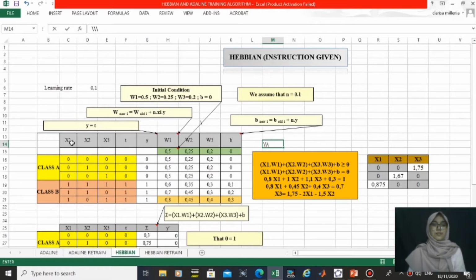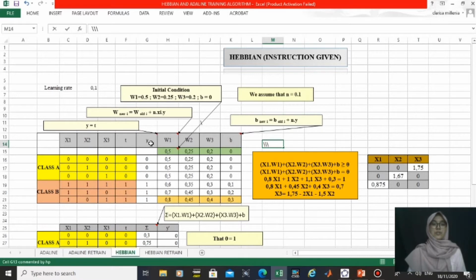So we have x1, x2, x3, which is the input, and the input is divided into two classes, class A and class B, and we have values of t: 0, 0, 0, 1, 1, and 1. So in this case, we have to find y, w1, w2, and w3 and bias.